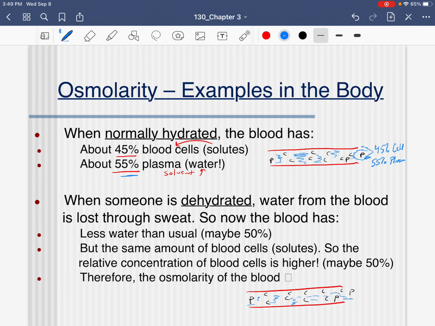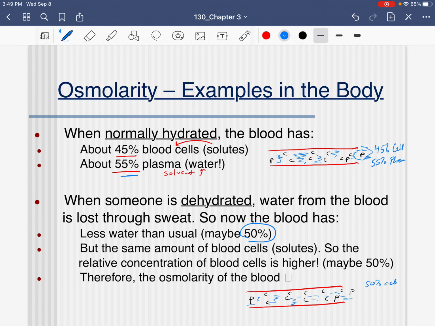So instead of there being 55% of water, maybe we only have 50% of water. Okay, so we've taken out some water, making the relative contribution of the cells more.